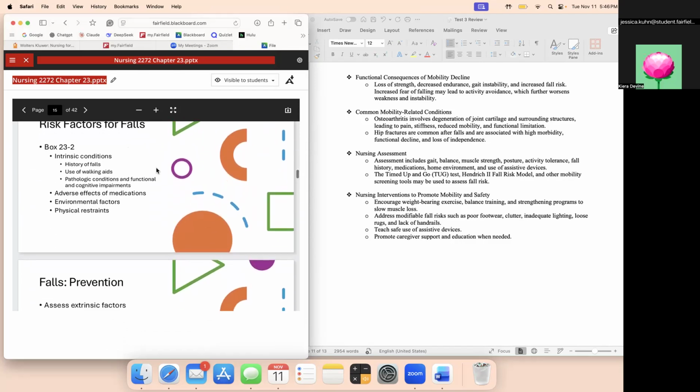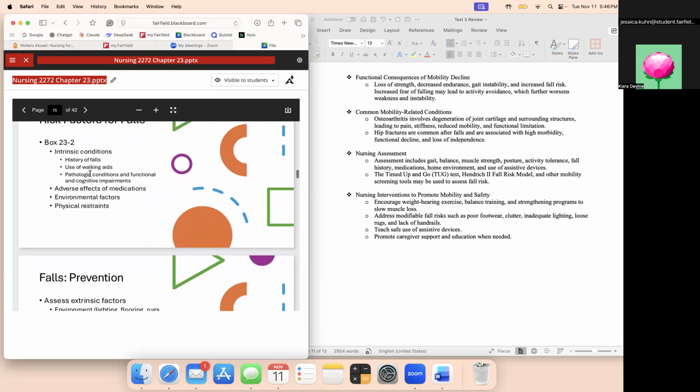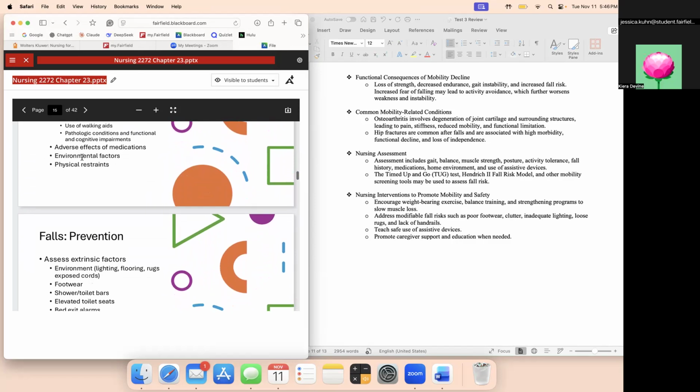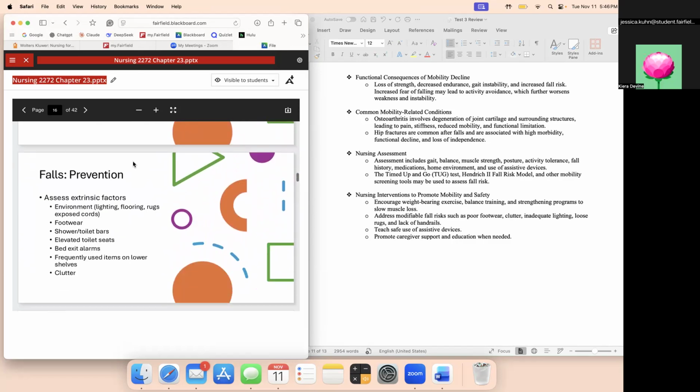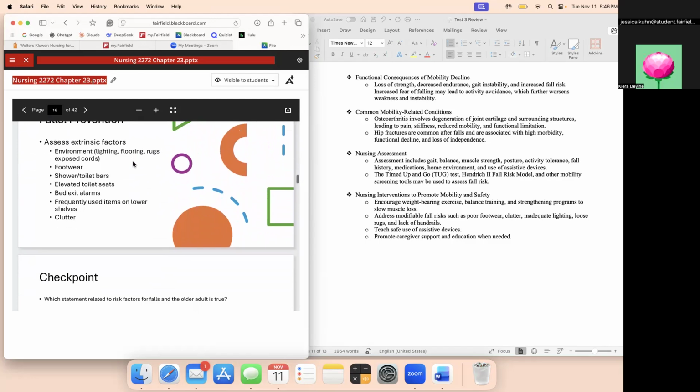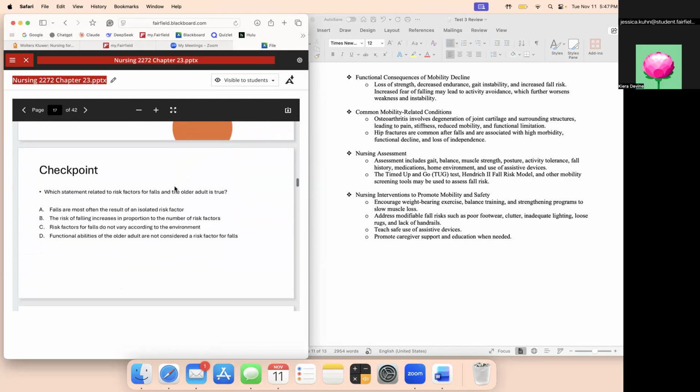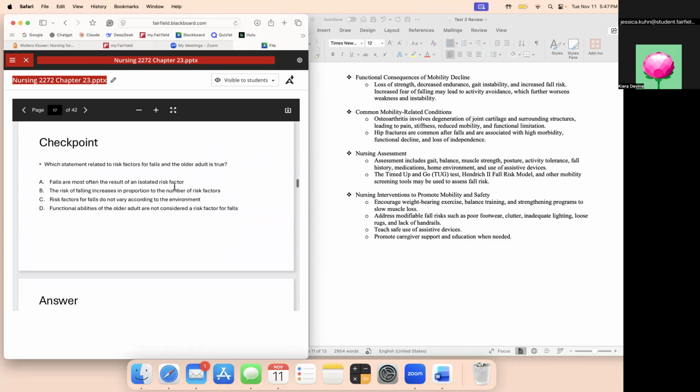And we talk about intrinsic factors, which are a history of falls, walking aids, pathological conditions, and then extrinsic, meaning environmental factors like physical restraints, lighting, flooring, rugs, footwear, shower, toilet bars, exit alarms. These are all considered extrinsic factors.